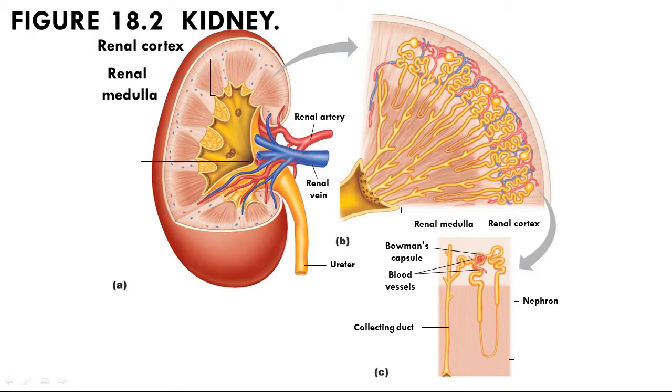Underneath that would be the renal medulla. The medulla is in the middle, and it's arranged in pyramids. They're these triangular shaped structures. Can you see the pyramids? Kind of these areas are in the medulla.